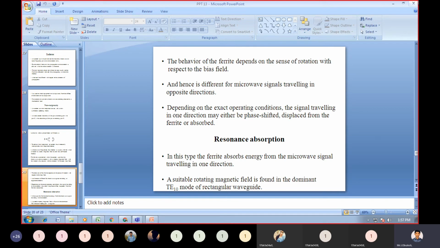The signal traveling in one direction may either be phase shifted, displaced from the ferrite, or absorbed.